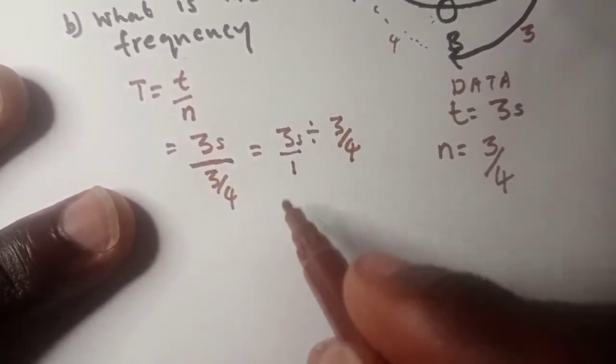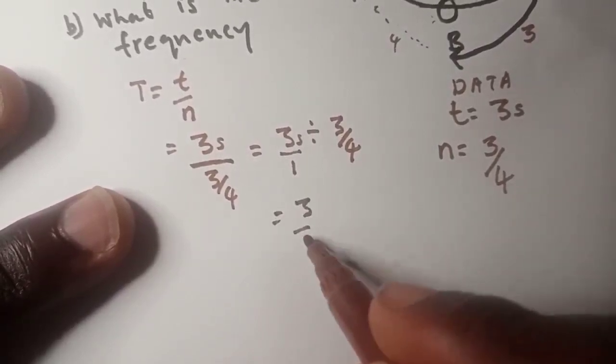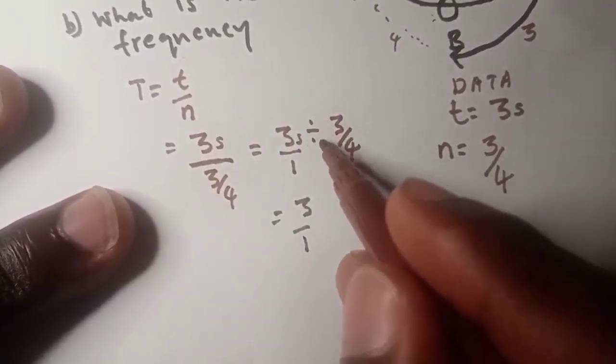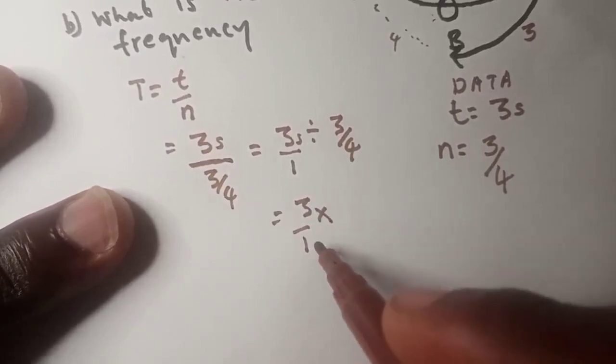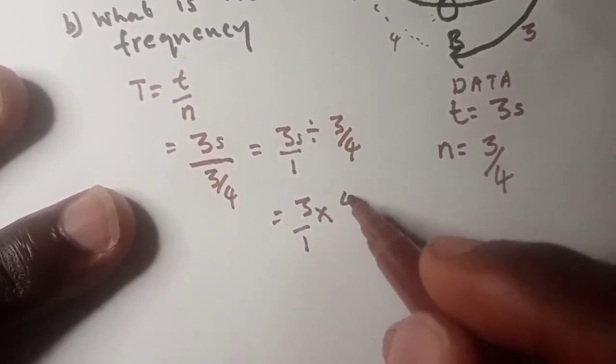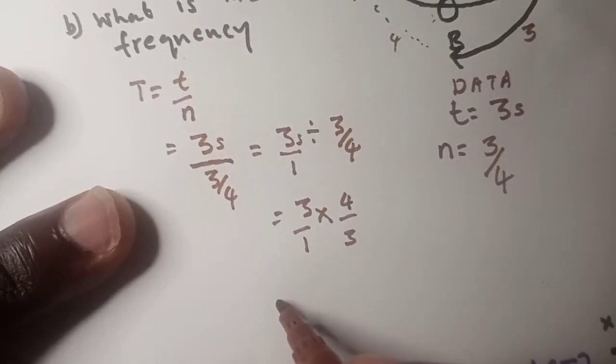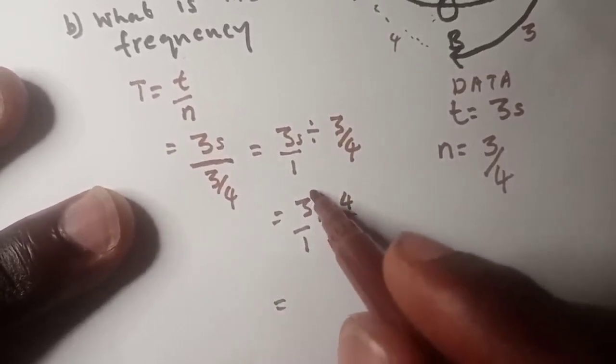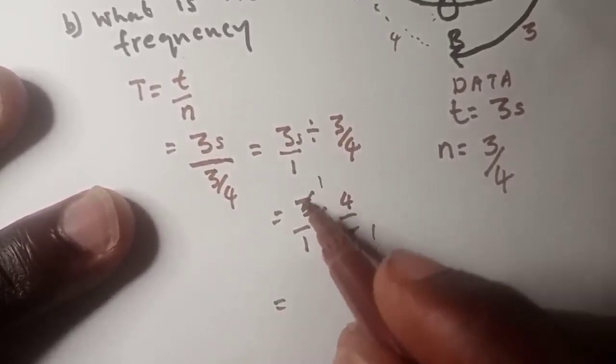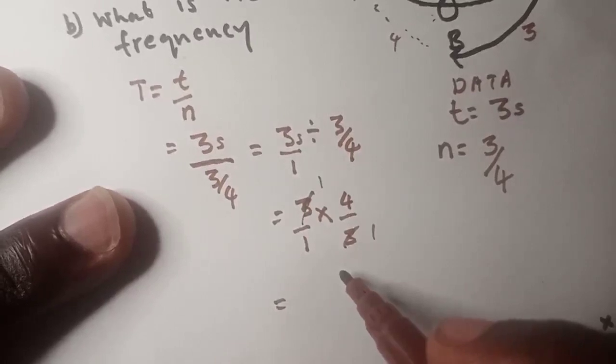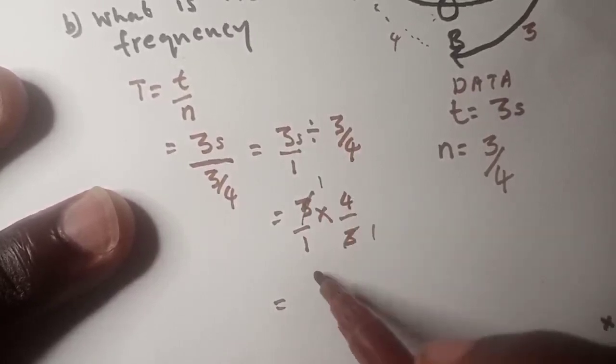I'll put this over 1, then it becomes 3 over 1. This sign will change to multiplication. These are just fractions. Then the 4 goes up and the 3 comes down. Then 3 and 3 can go, 3 into 3 is 1, 1. So 1 by 4, it's 4.